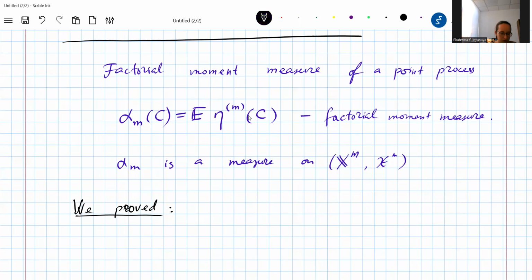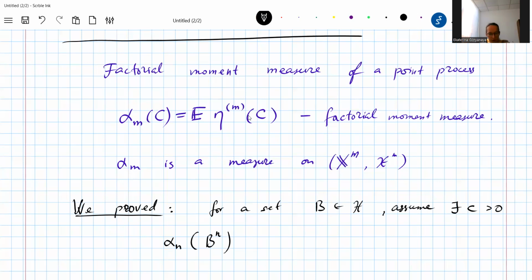We take a set B in this sigma algebra X, and we assume that there is some non-negative constant such that the n-th factorial moment measure of B to the power n, so this is the usual Cartesian product of the subset B, is bounded in the following form.